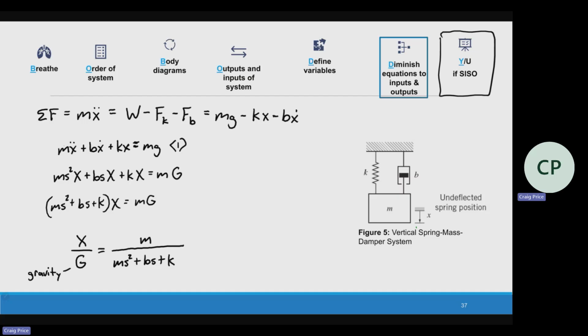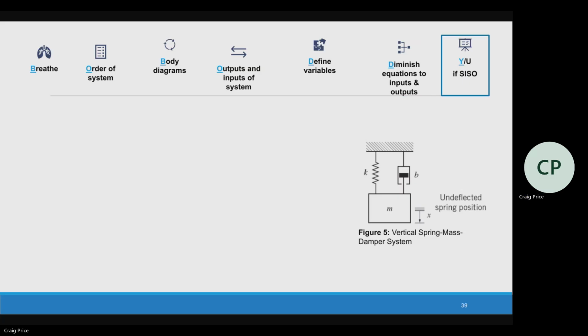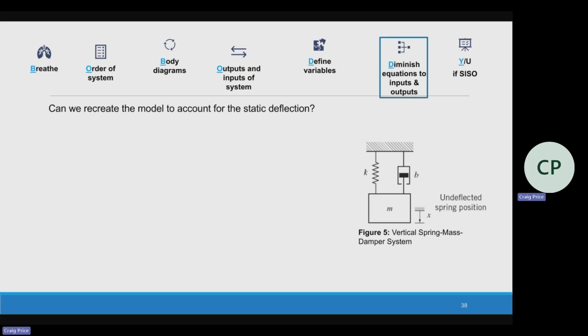Okay. Real quick, before we take a break, can we recreate the model to account for static deflection? With the bungee jumper, they're going to jump, oscillate a little bit, and then reach some kind of steady state position.